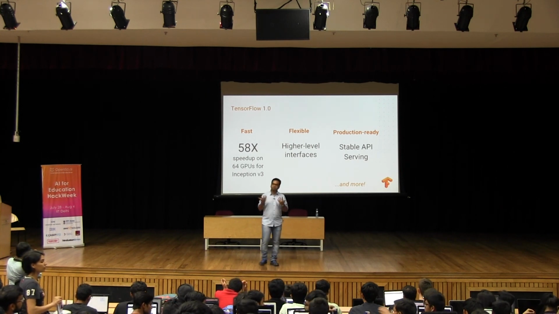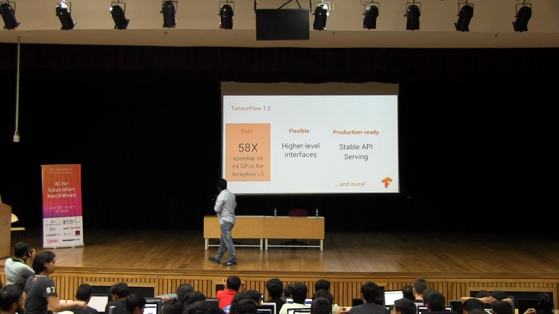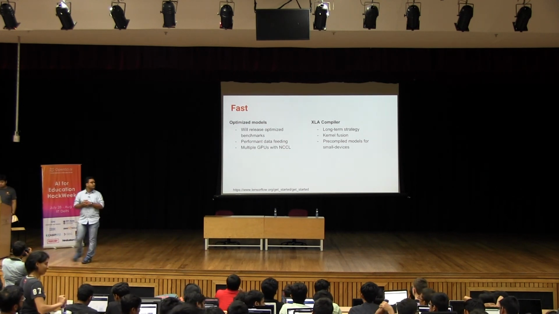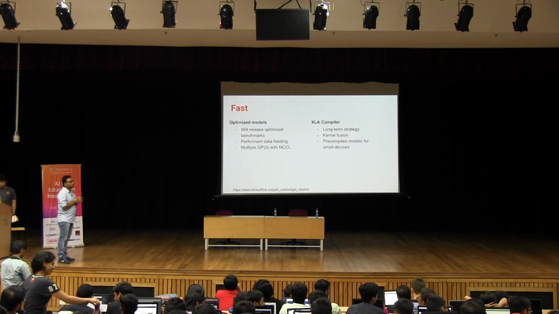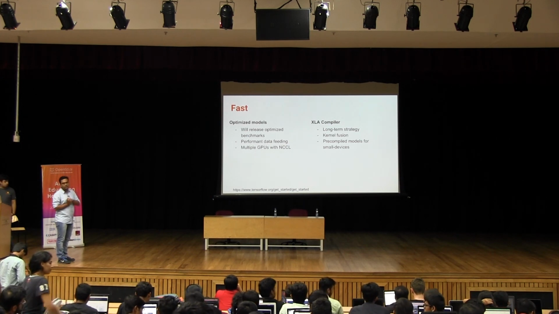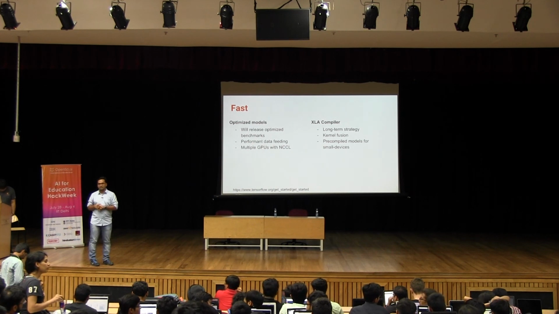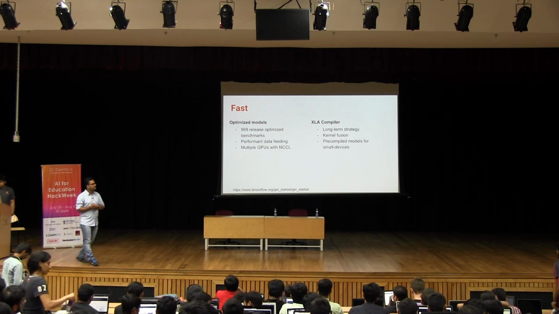And if you have a GPU, it will be even better. Second, it's fast, it's more optimized. Then the XLA compiler is better than what it was before the 1 version. Right now, what we are coming out with are just minor releases, based on the feedback that we get.